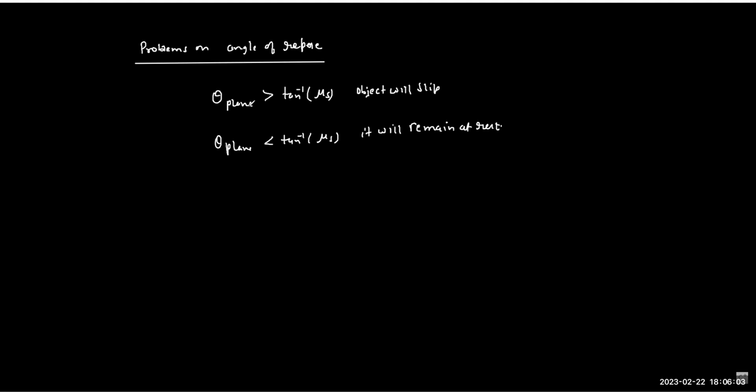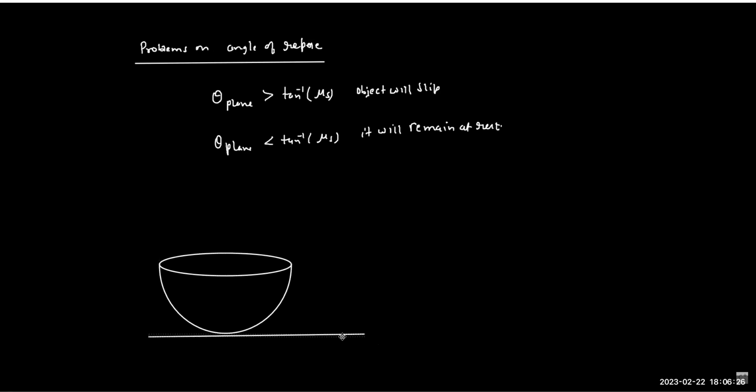Yes, sir. Now, plane doesn't mean only a plane. It could be anything. So let's say there is a hemispherical ball, a ball of this shape, which is fixed. And the inner surface has a coefficient of friction mu s with the insect.